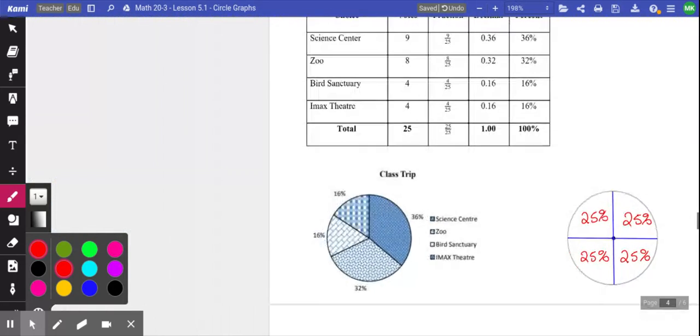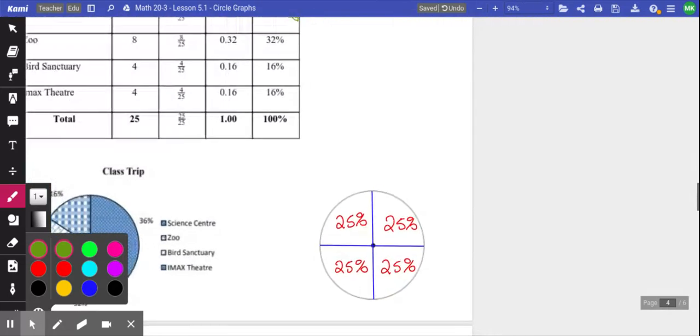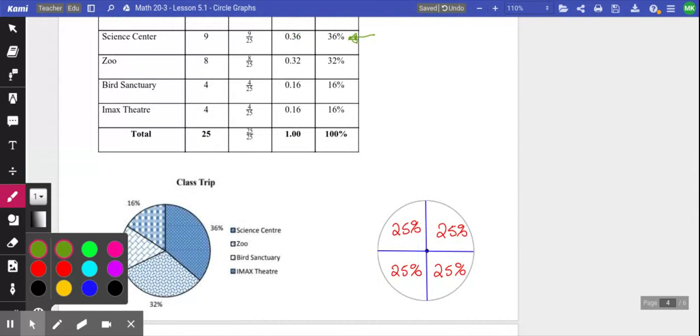So for instance, when this first thing says it's 36%, okay, well, I know 36% is going to be about 1/4, right? So it's going to be this whole quarter here. And then it's going to be another 11, which should be about half of this next quarter, right?